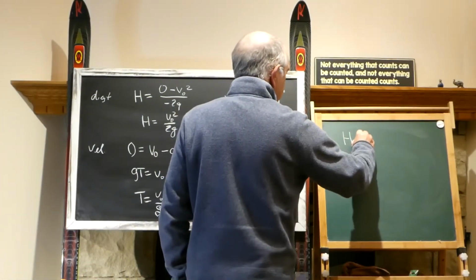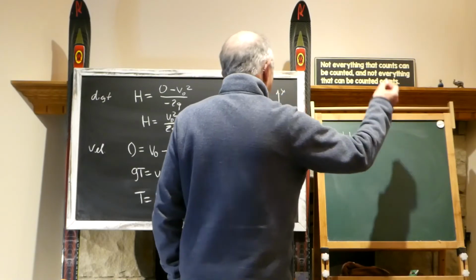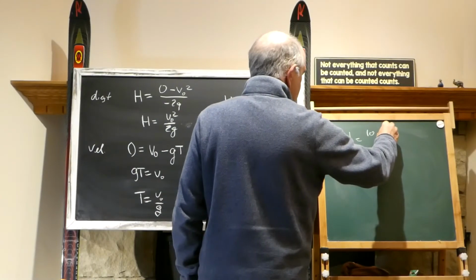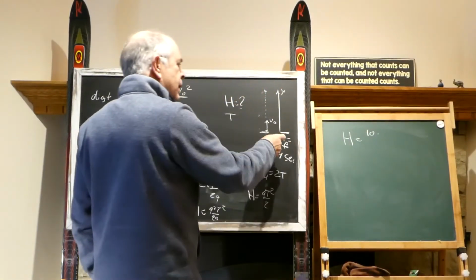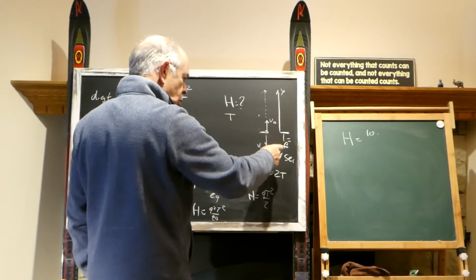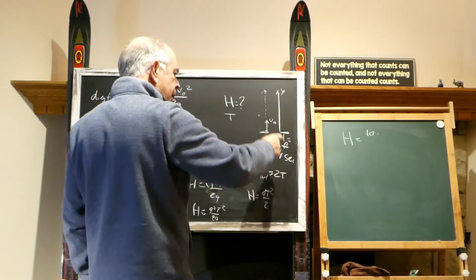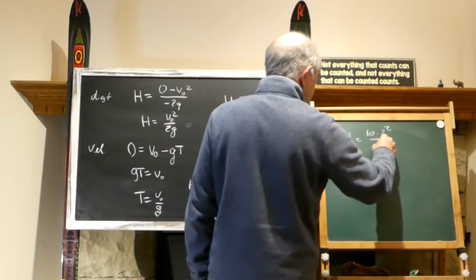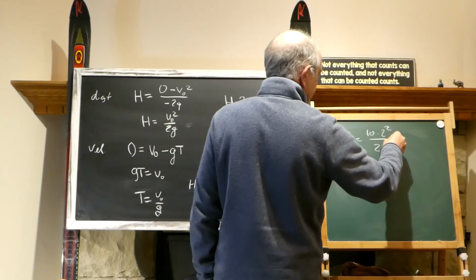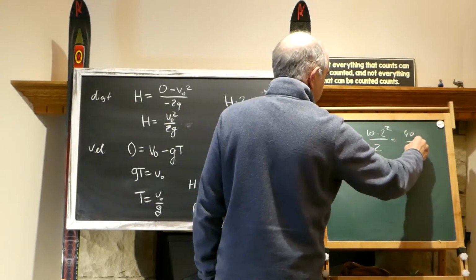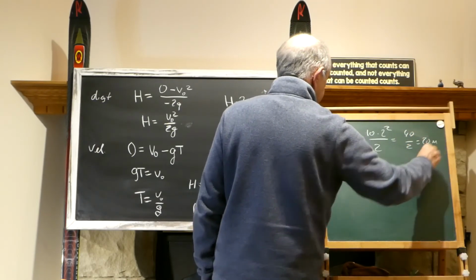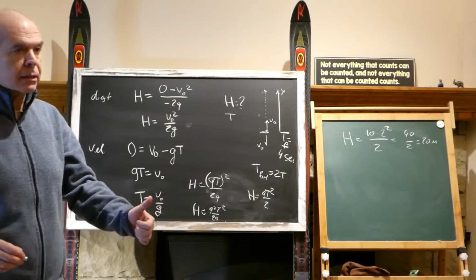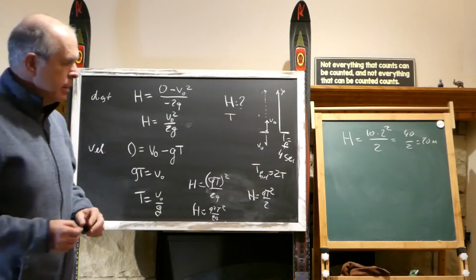So h equals, g is 10, 9.8 but I write 10, multiplied by t, and t is 2 seconds because 4 seconds is back and forth, so t is only one way, so it would be 2 squared divided by 2. And it would be 40 divided by 2, it would be 20 meters. So, if we know that it goes for 4 seconds, it's 20 meters up, 20 meters down.